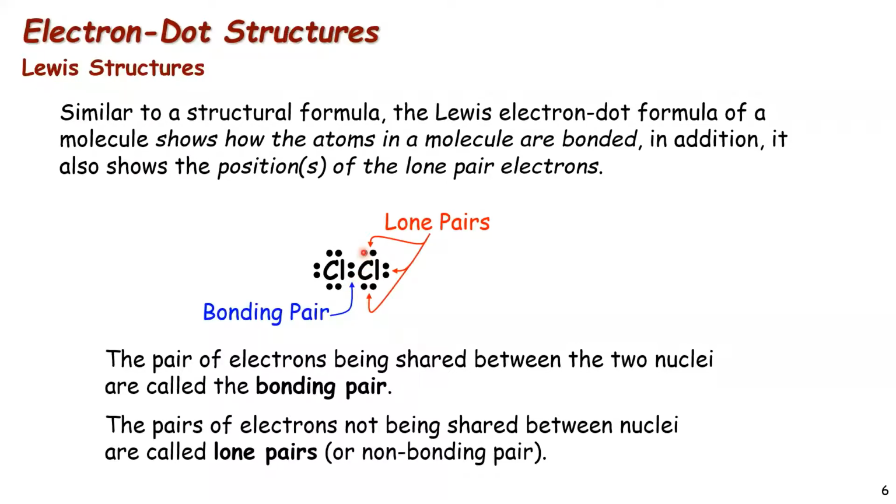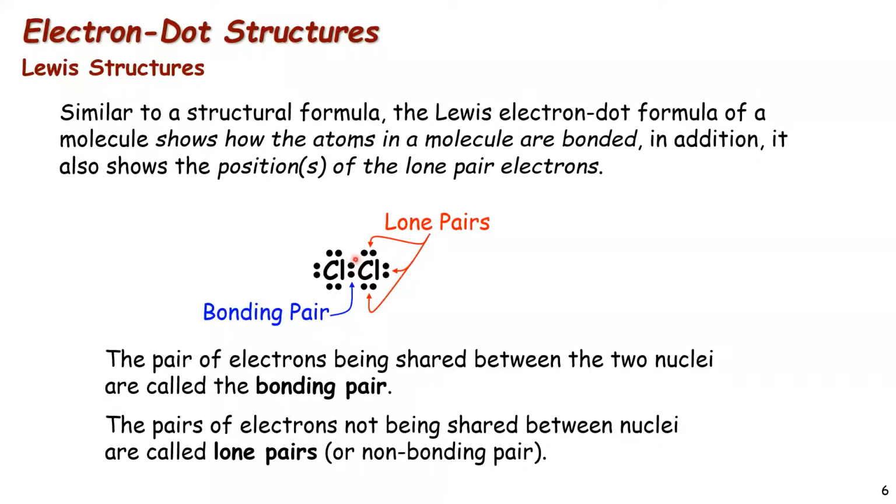And then we have these outer electrons that aren't bound to any other atom, and we call these lone pairs, and they generally are in pairs. There are a few exceptions where we'll only have a single electron rather than two, but in almost all instances, they're going to be paired up. So we're going to have these lone pairs of electrons that, again, aren't bound to any other atom.